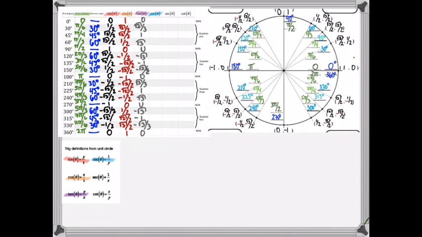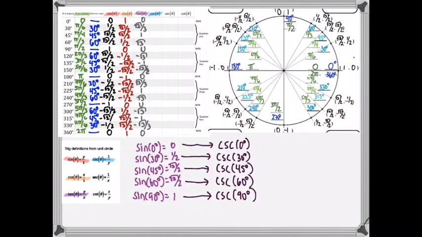So let's take a look at what sine equals straight across and how to deal with taking the reciprocal of it. Since we know that sine and cosecant are reciprocals of one another, we take these values, take the reciprocal of them, and put them right here to evaluate them.